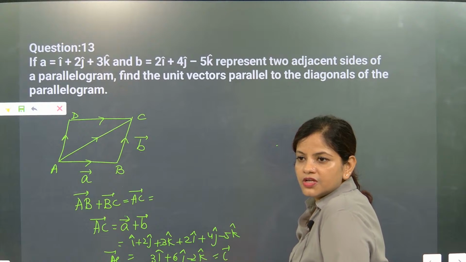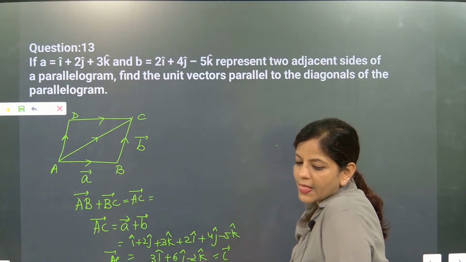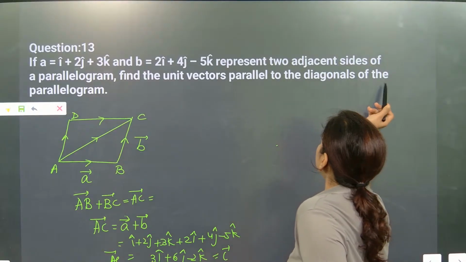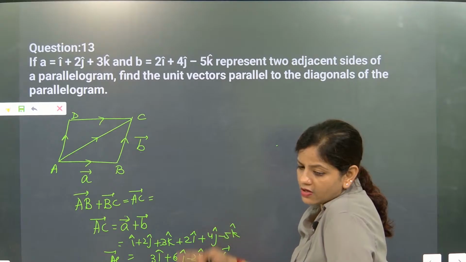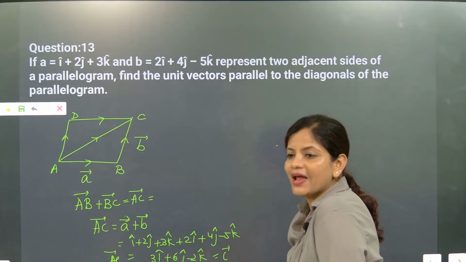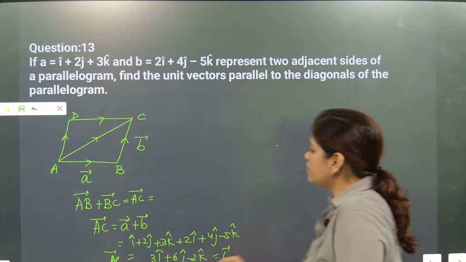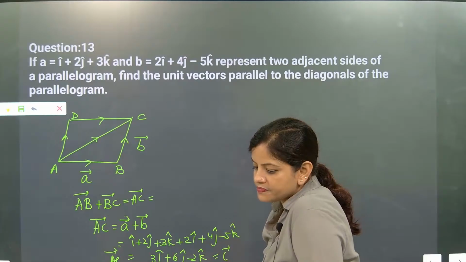The resultant is coming as C. Because they are telling to find the unit vector parallel to the diagonal of the parallelogram, any unit vector parallel to the diagonal will have the same value as the unit vector of the diagonal itself, because it is parallel. So here what we are going to do, first listen carefully. This is coming as C vector.